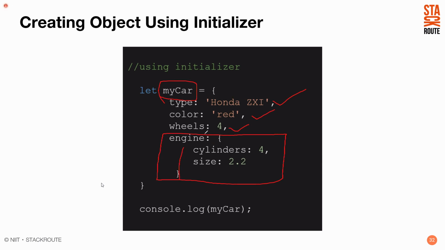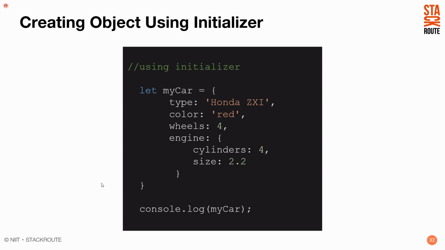It is holding another object, with two properties: cylinders and size. You can take a snap of this. You can try it with employee or some other thing. So this is also possible.